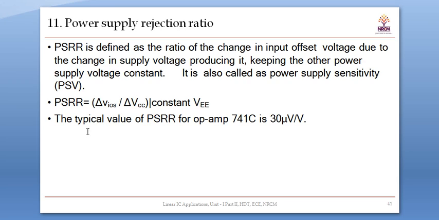The typical value of PSRR is 30 microvolt per volt, and the lower the value of SVRR in microvolt per volt, the better the op amp performance. So the value of PSRR, SVRR or power supply sensitivity should be as low as possible for better performance of op amp.